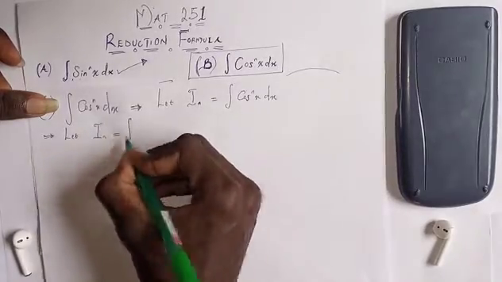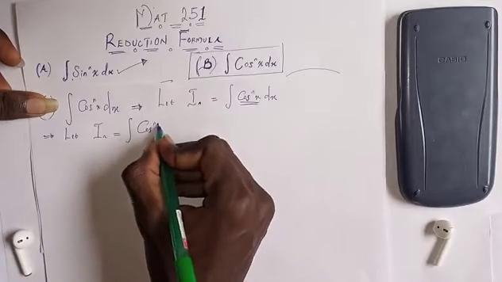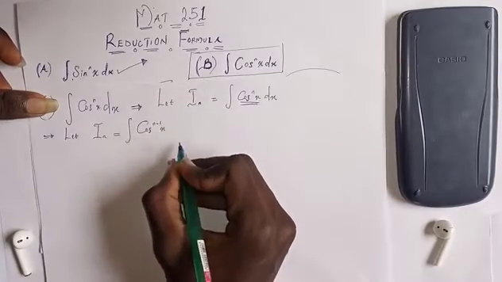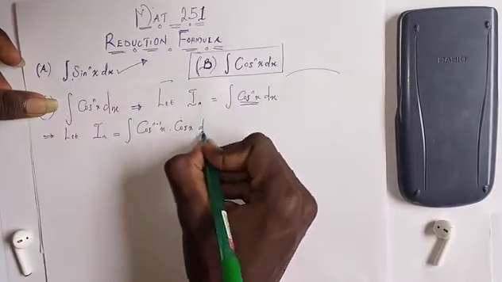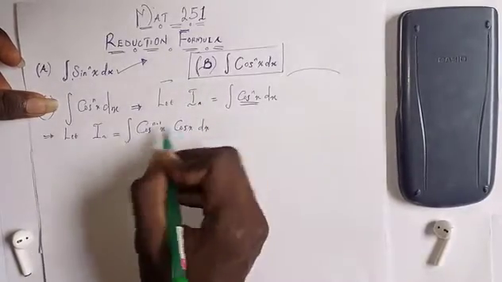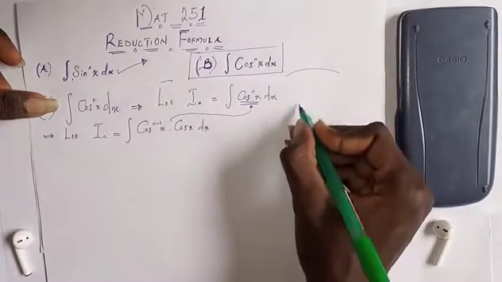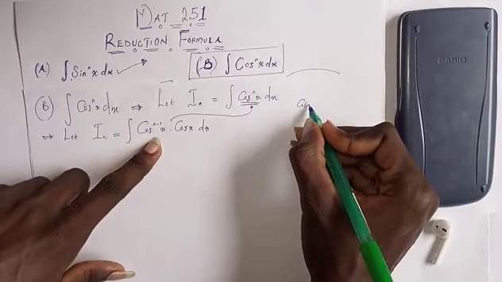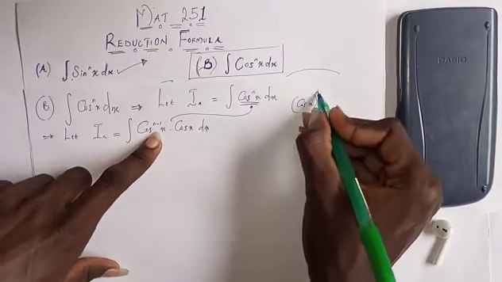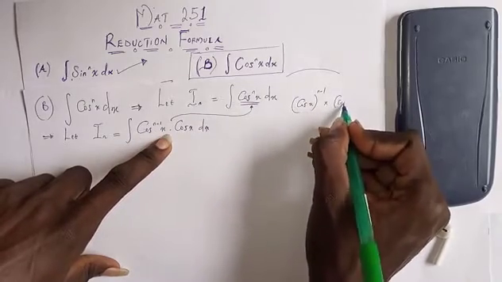I said that cos^n x can also be written as cos^(n-1) x times cos x, with this dx. When you multiply these together, you still end up with cos^n x back.